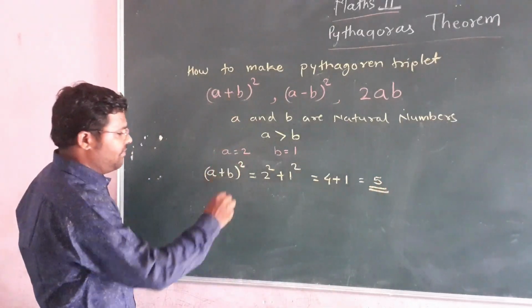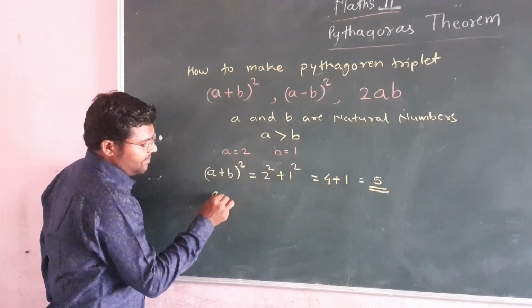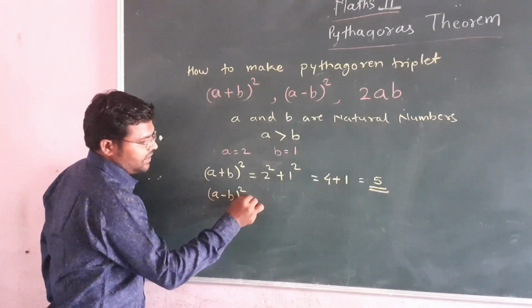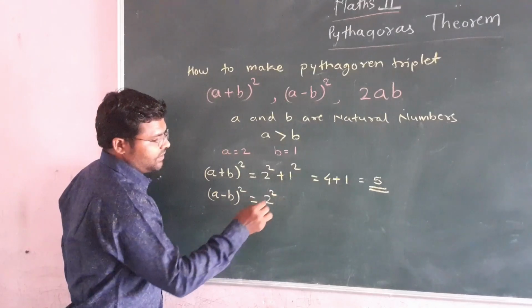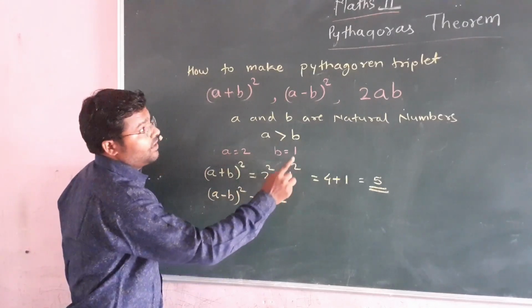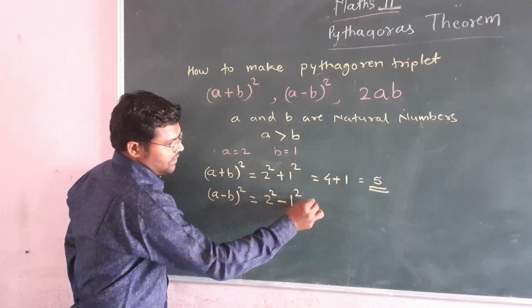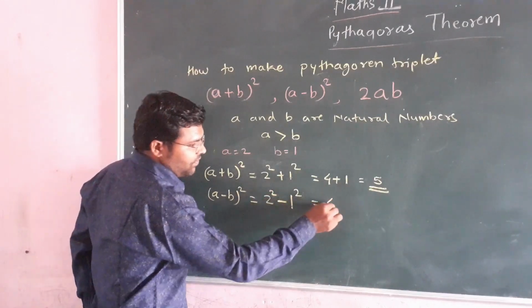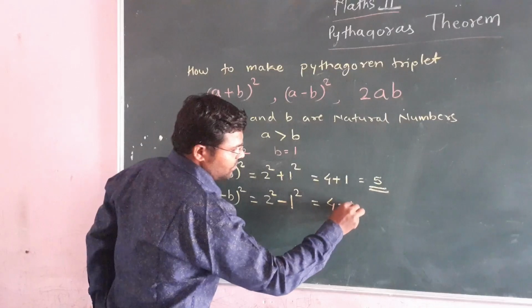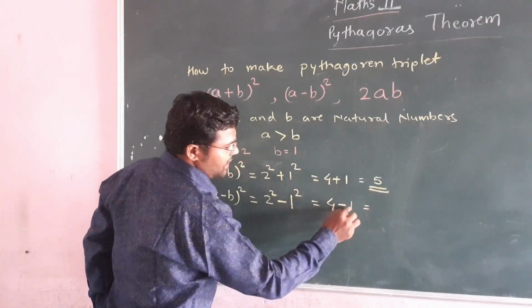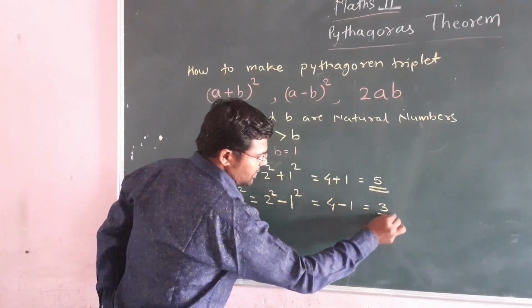Okay. Now the second formula: A square minus B square is 2 square minus 1 square. 2 square is 4, with a minus sign, and the square of 1 is 1. That means 4 minus 1 is equal to 3.